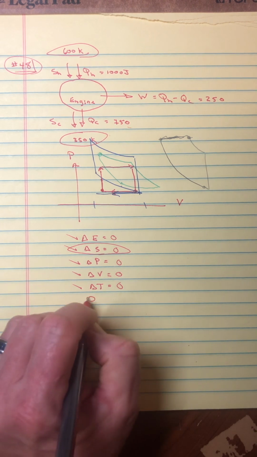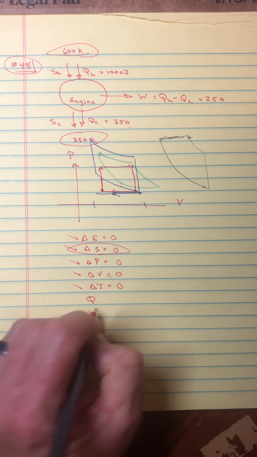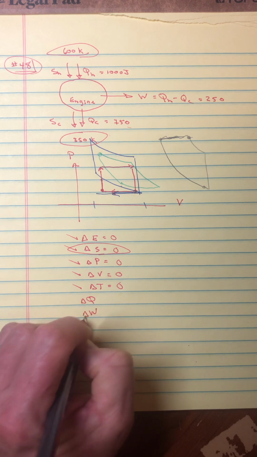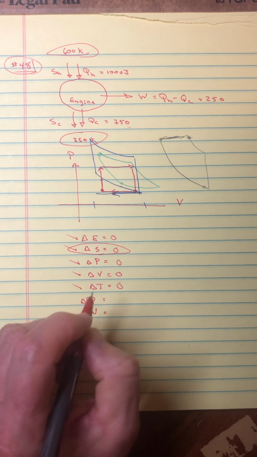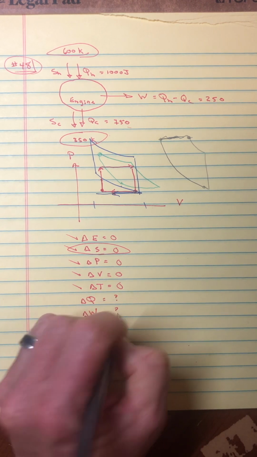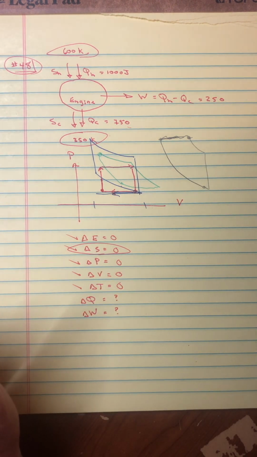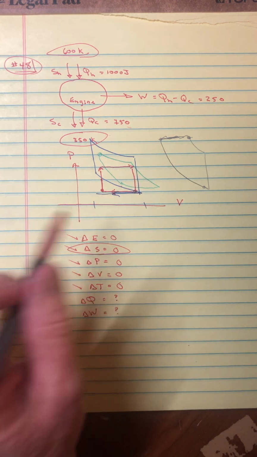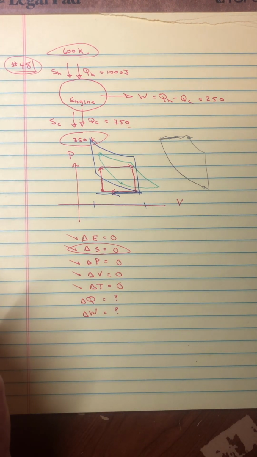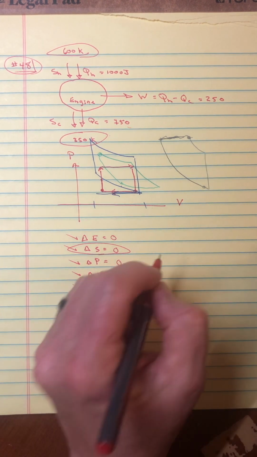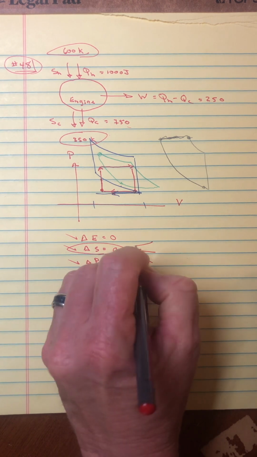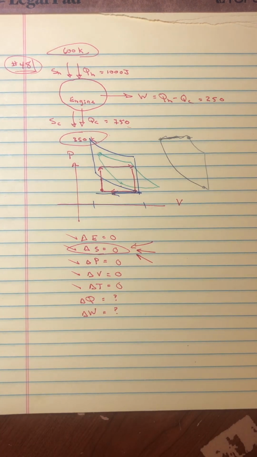Now, the Q and the W, which we don't usually write as a delta, are not necessarily 0. Those are path dependent and would be heavily determined by which of the paths we take. If I can do a little mini lecture review here. But again, the focus for this problem is right here.